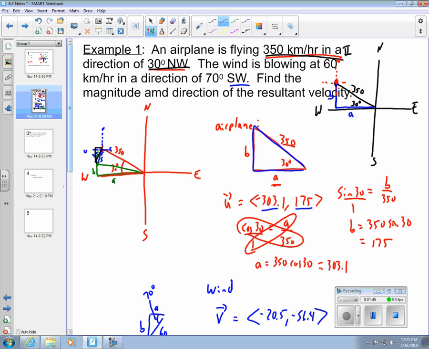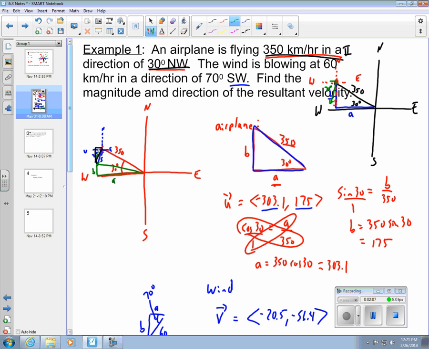Put in north, south, west, east. And it says this time that it's in a direction 70 degrees southwest. So southwest is down here in this third quadrant. And 70 degrees looks like it's about right there. And this is my 70 degrees down here.